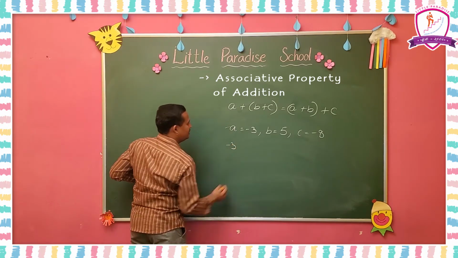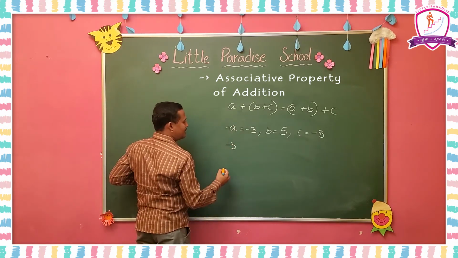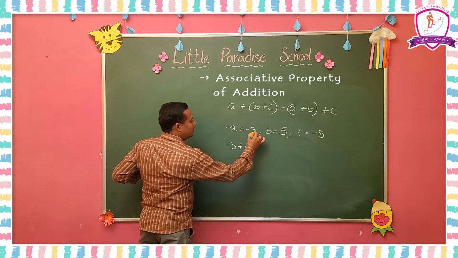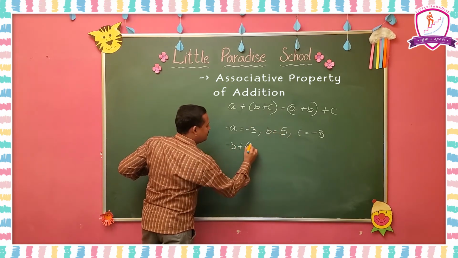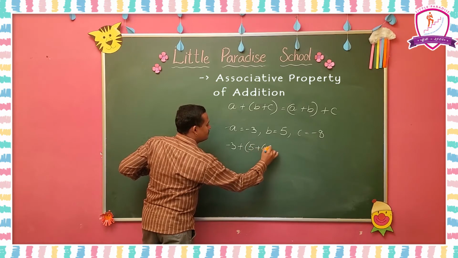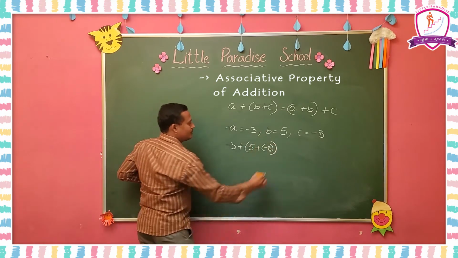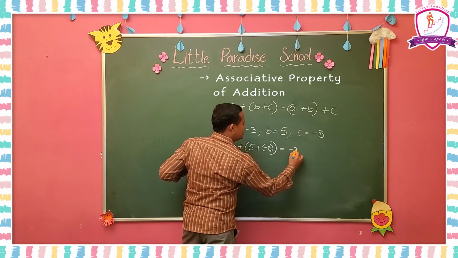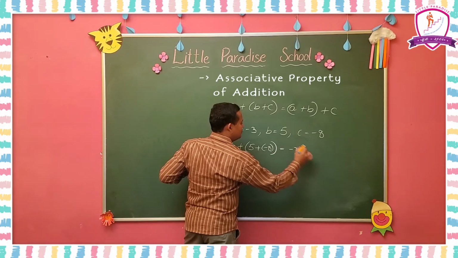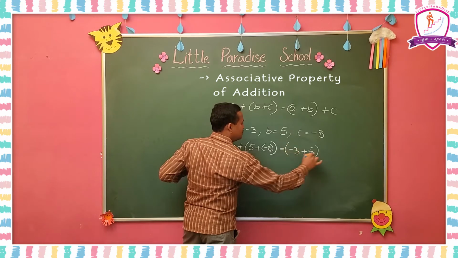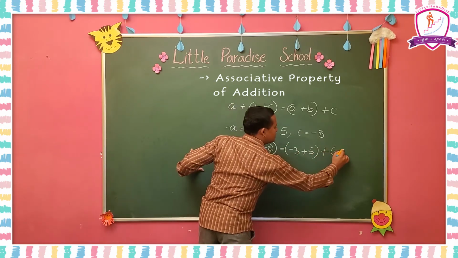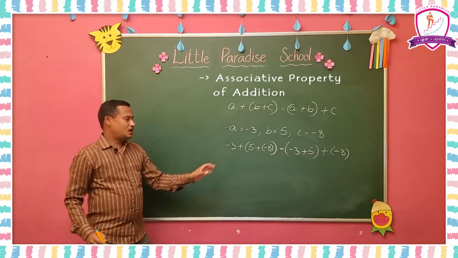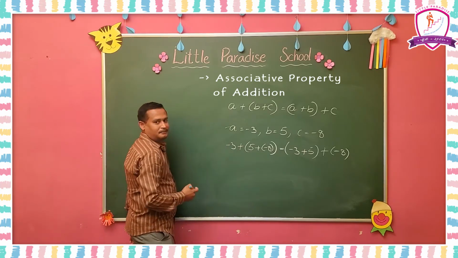Minus 3, in a plus, you have to substitute minus 3 plus of b plus c, which means 5 plus of minus 8, is equal to, here a, minus 3 plus 5, plus of minus 8.